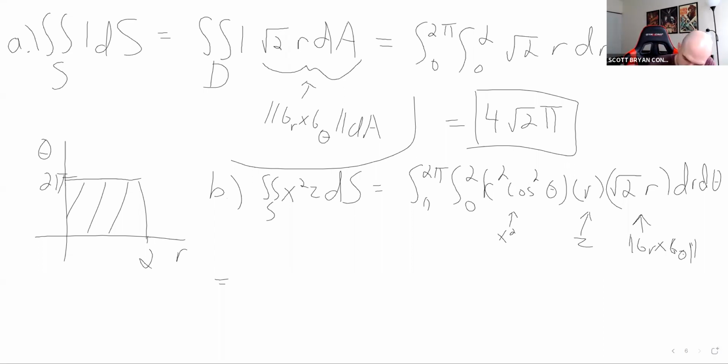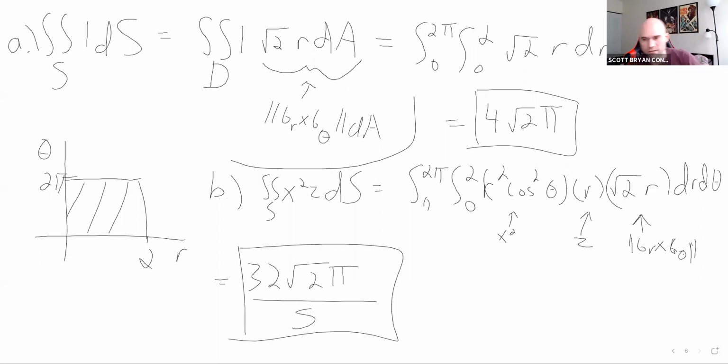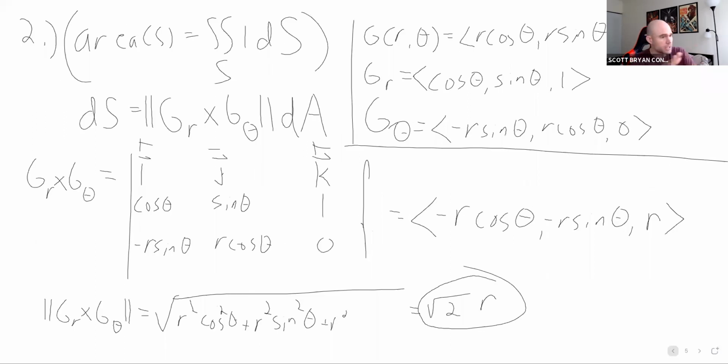And we should get 32 root 2 pi over 5 for our answer. OK, I will go back a slide real quick and let me know when you're done.